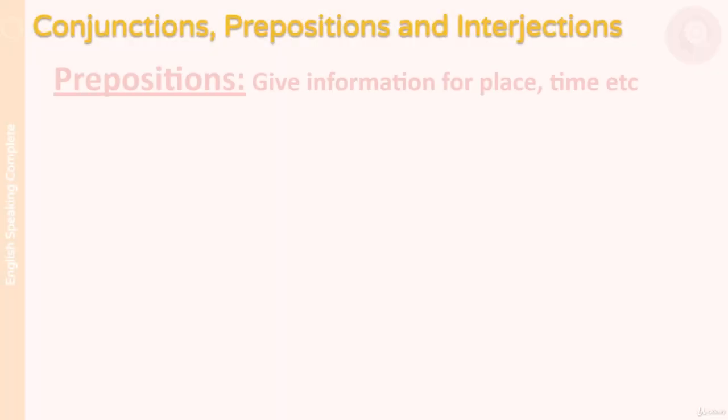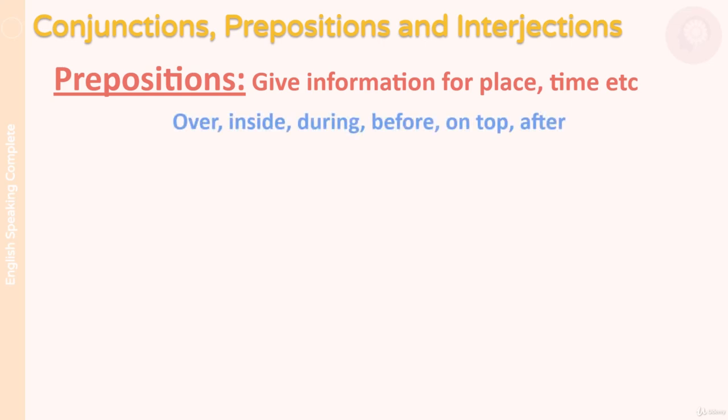Okay, so let's take a look at prepositions. Much like articles, non-native speakers do commonly make errors, both in speaking and writing, with use of prepositions. Again, prepositions give information for nouns about place, time, could be order as well: firstly, secondly, after that.